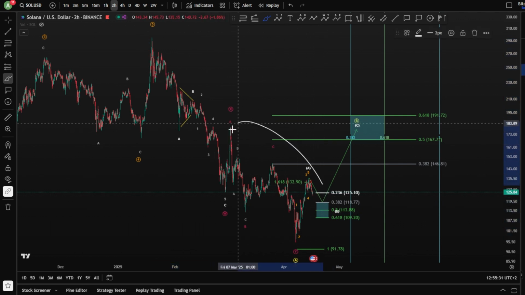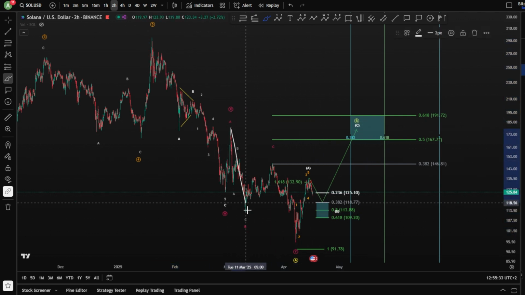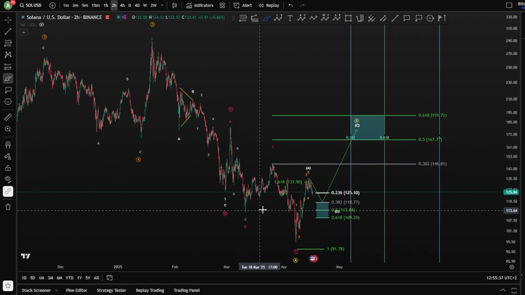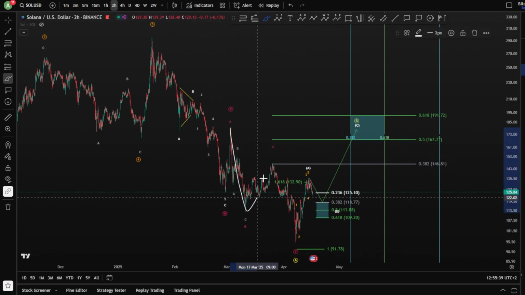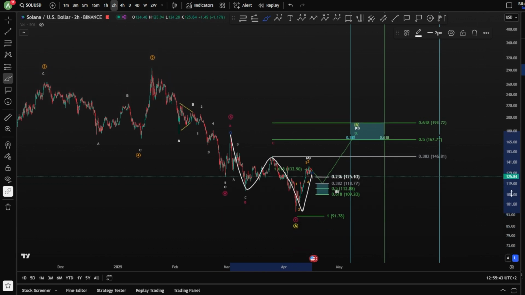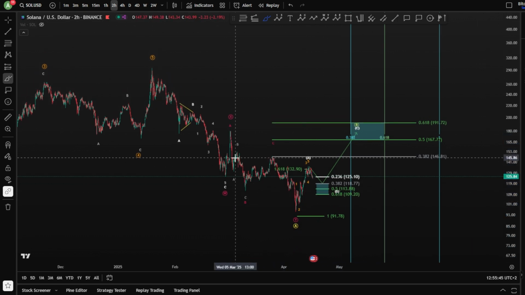Your final wave 5 has been broken. You don't have an ending diagonal. Your wave 4 is longer than wave 2. And also you potentially don't have an impulse 1, 2, 1, 2, but this would be a very, very big wave 5 and a very low possibility.